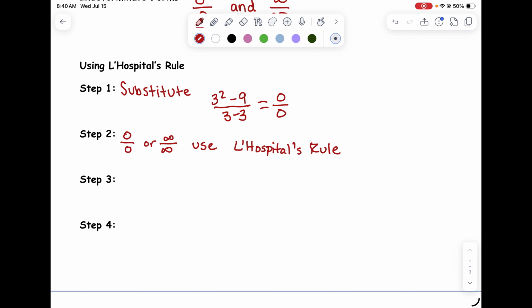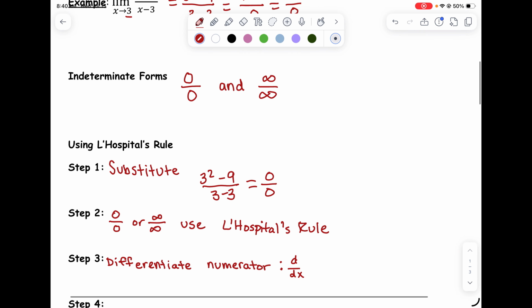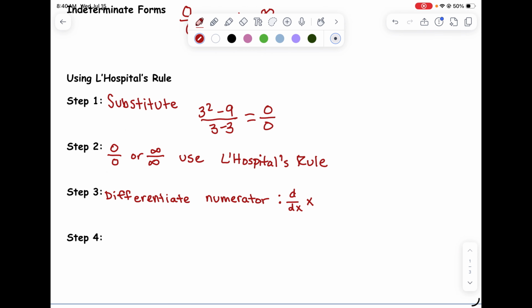And step 3 is actually using the rule, which is to differentiate the numerator and the denominator. So we're going to differentiate the numerator. In our case, we're finding the derivative of x squared minus 9, which is equal to 2x.